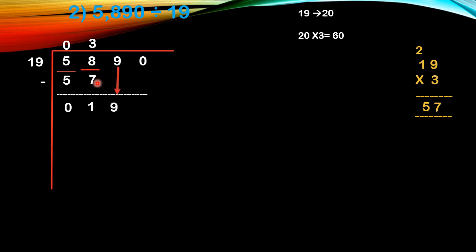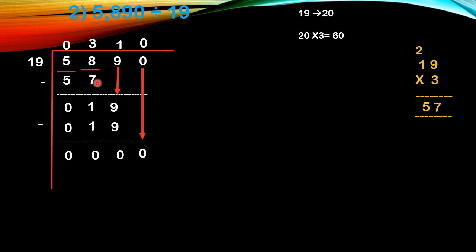Next step we have to bring down 9. 19. So 19 ones are 19. So 1 in the quotient place, then 19. So 19 minus 19, 0. Next step we have to bring down that 0. 0 is less than 19, and also 19 goes into 0 times, isn't it?